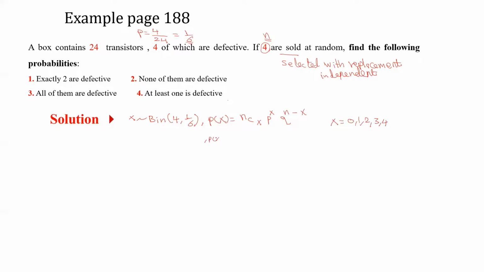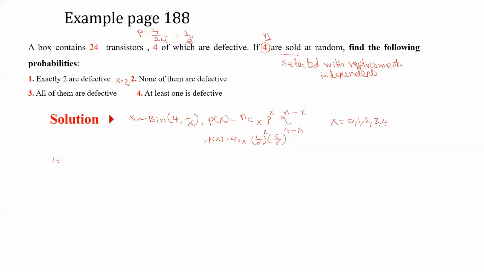P of x will be equal to 4Cx times (1/6)^x times (5/6)^(4-x). So solving the first question means x equal 2.